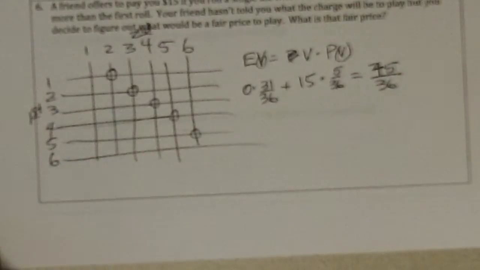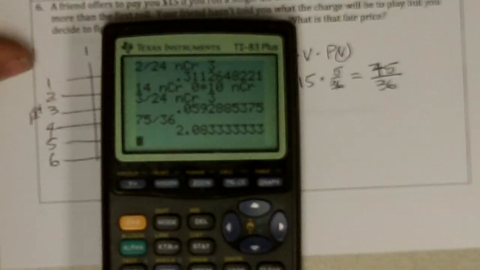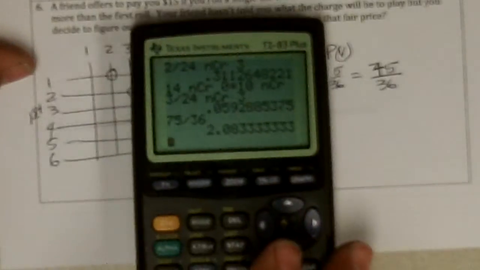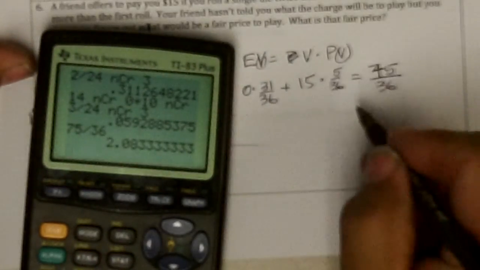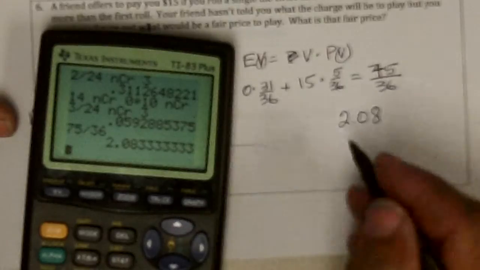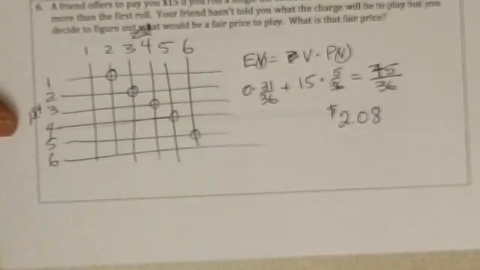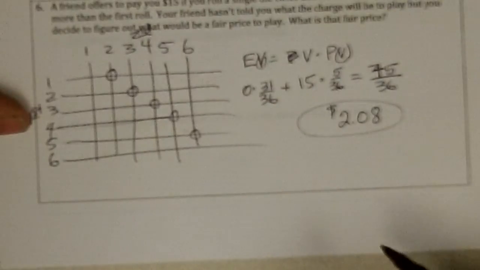So I expect to win $75 on 36 rolls, which is $2.08333. So $2.08 would have been close enough. That's the expected value or the mean of this game. So you're expected to win $2.08.